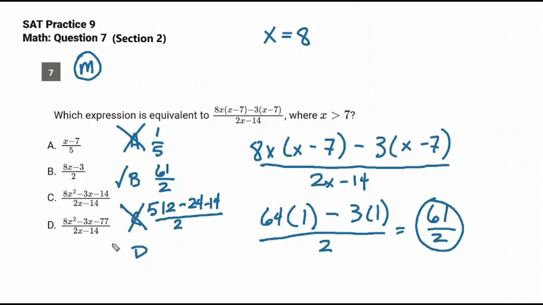You know that 8x squared is 512 minus 24 minus 77 over 2, again, ballpark, that's not going to be 61. And so the answer is B. Plugging in is faster and easier than doing algebra, and you will always get it right. You will not run into whatever wrong answer mistakes Evil Testing Service has for you. You can get this right pretty quick and move on.